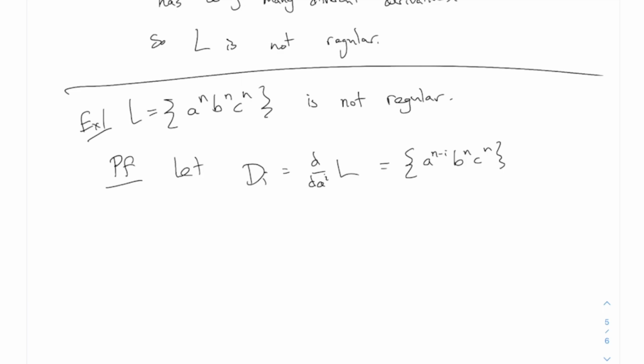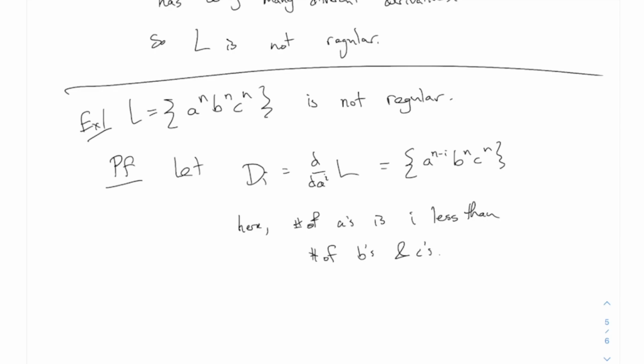How do you know they're all different? As we've seen before, sometimes you can write the same set in two different ways, and it looks different, but actually it is the same. But here they really are different from one another, because this set is one in which, I'll write the same thing I wrote last time, the number of a's is i less than the number of b's and c's.